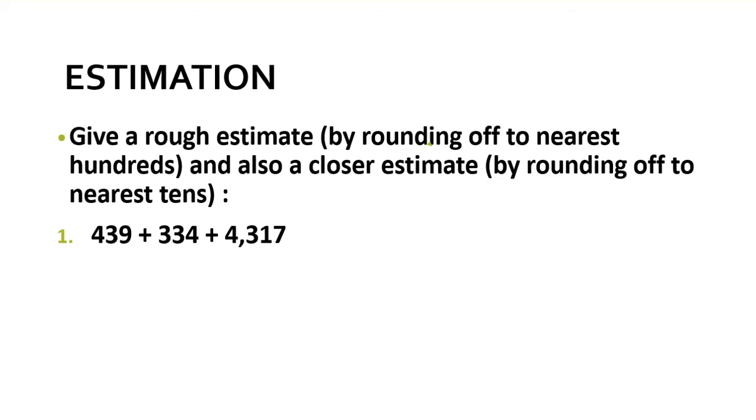In the first case, these numbers can be rounded off to 400, 300, and 4300, because the rightmost digits are 39 in the first case and it is less than 50, so it becomes 400. The second case, it is 34, that is also less than 50, so it is also 300. Then the next one, 17, which is less than 50, so it is also rounded off to 0, so it is 4300, and 4000 is the sum.